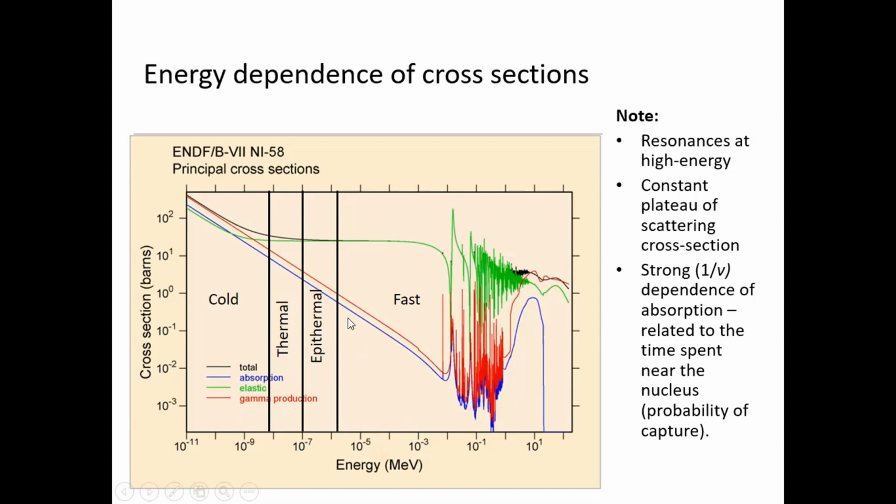And the fast neutrons are those which have energy higher than 1 electron volt. It is in tens and hundreds and thousands of electron volts, and less than a million. 10 to the power 7 electron volts is the highest possible energy measured in this graph.